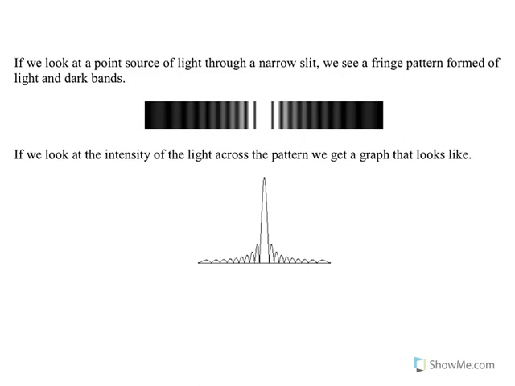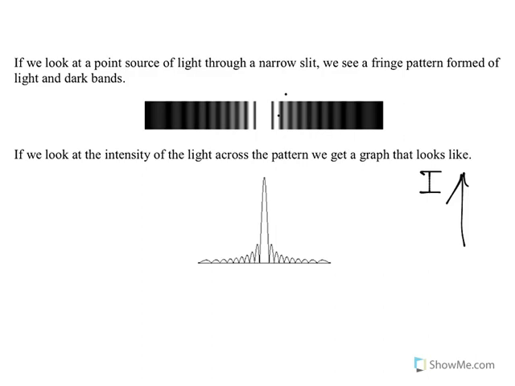If we really look at the intensity, how intense the light is, you get something like that. It's really bright in the middle and quite wide, and then each of those light stripes after that gets a little bit duller. So you get an intensity graph that looks like that.